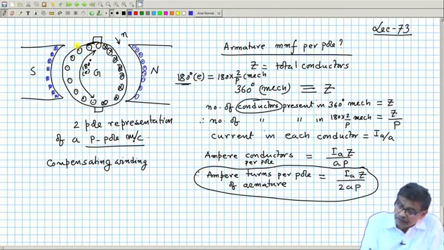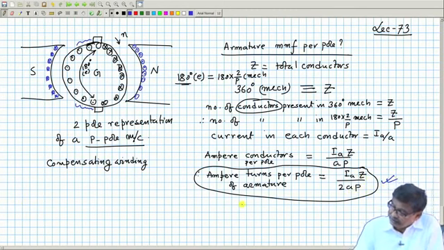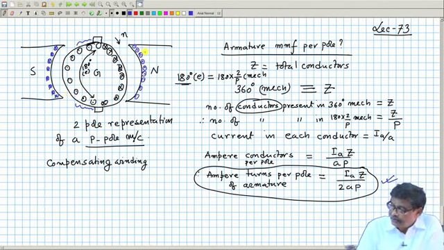Got the point? For example, the conductors present in this zone and in this zone cannot be compensated by this. So, this knowledge that the ampere turns per pole produced by the armature is this much will help me to design the number of turns I will put here. That is the reason.